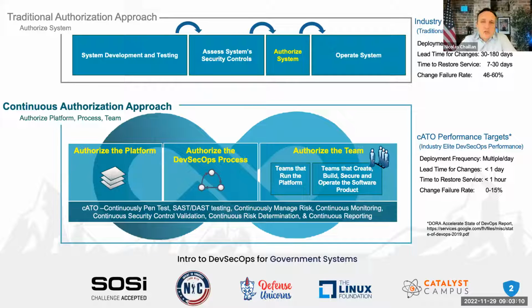So obviously that doesn't work. That doesn't get you where you want to be in terms of being able to move at a pace of relevance. So we came up with this concept of a continuous ATO, first with ACASA, which went a little bit sideways, I would say, without a lot of structure.